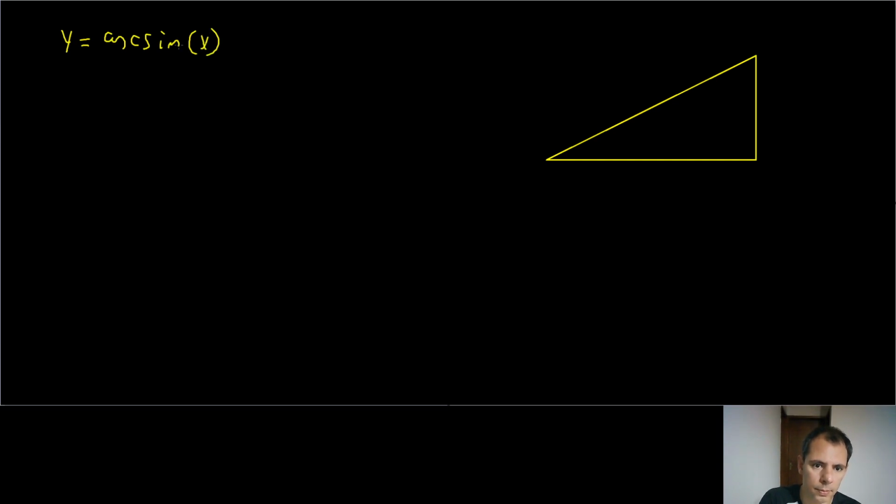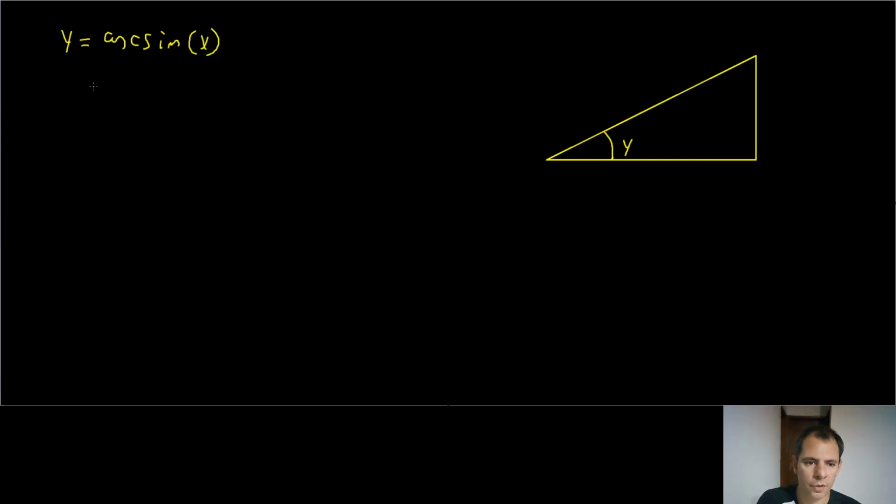That means that x is a value and y is an angle. So this is y. Find the cosine of y.